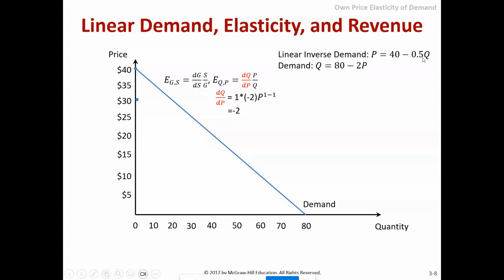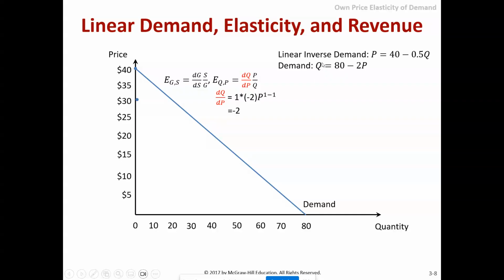We discussed this in the last video, and it is convenient for constructing a graphical expression. The vertical intercept on price is 40, and the slope is rise 40 over run 80, negative because it's downward sloping, which is -0.5 or -1/2.